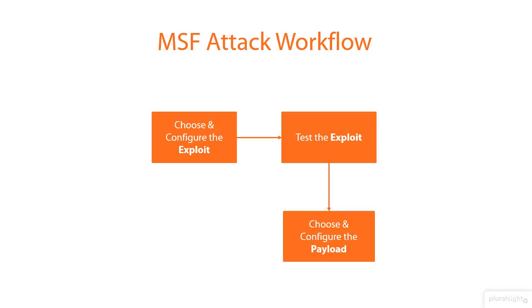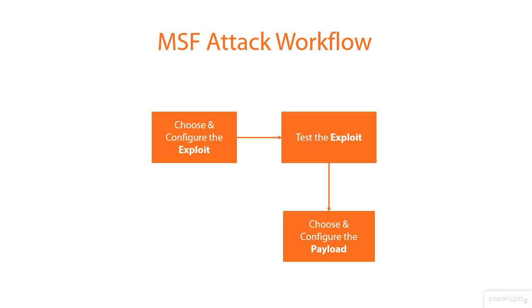After that, we choose and configure the payload, which is the code that will be executed on the target system following a successful exploitation. An example of a payload would be something like a reverse shell from the compromised system back to the pentester host.